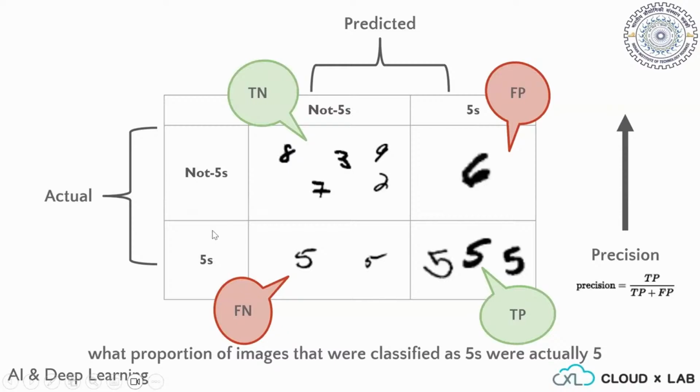Likewise, digit 9 versus not 9. So we will have 10 such 2 by 2 confusion matrices, each for one class, right? So digit 0 will have one confusion matrix, digit 1 will have one confusion matrix. Like that, we will create a total of 10 confusion matrices of size 2 by 2, right?